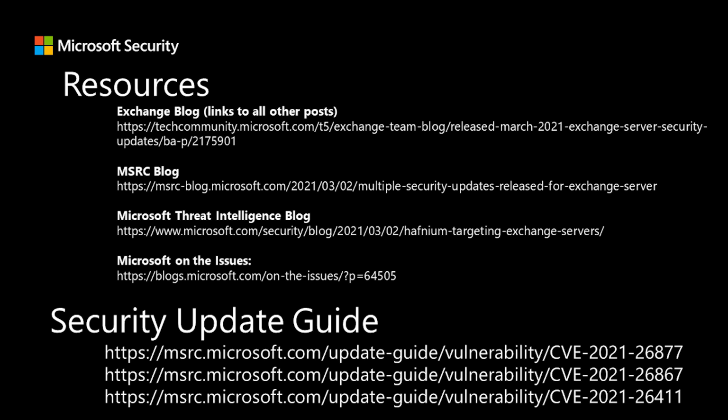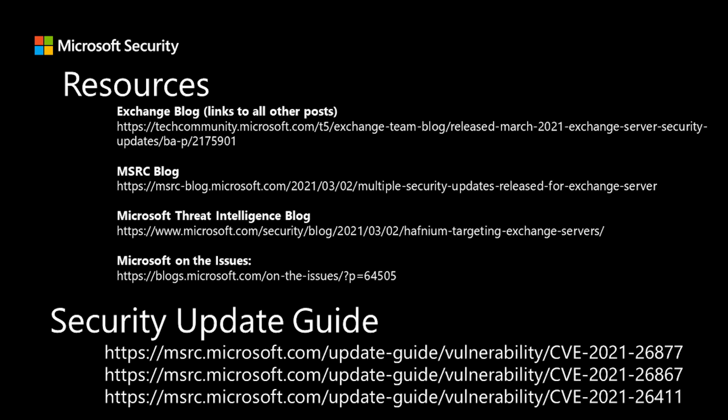I do want to point to a few of the resources that we have. The security update guide is the authoritative place for anything CVE with Microsoft. So if something changes overnight, the authoritative location is always going to be the security update guide. So take a look at that. It's also going to list out what products are affected for each individual vulnerability. There's FAQs in those CVE articles and a wealth of information if you're curious.